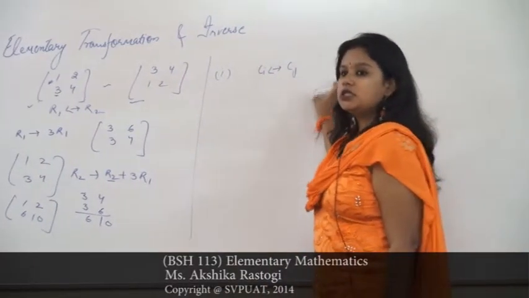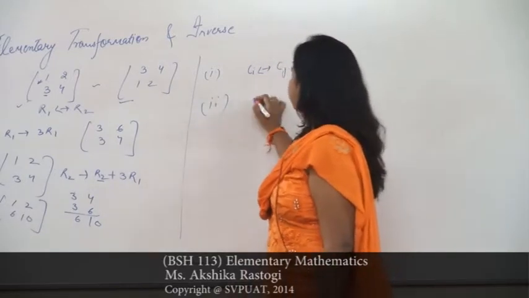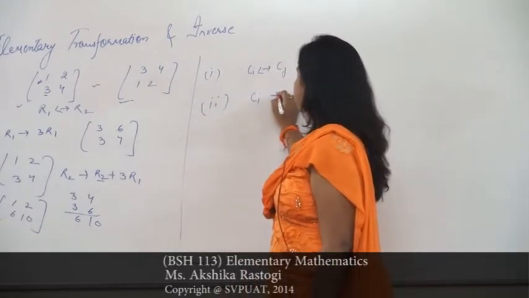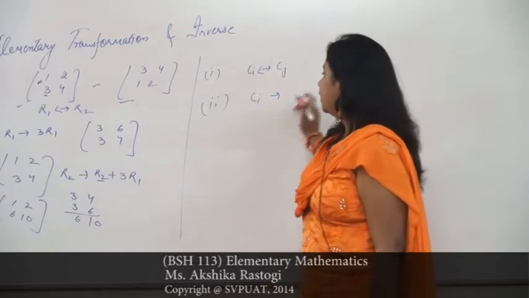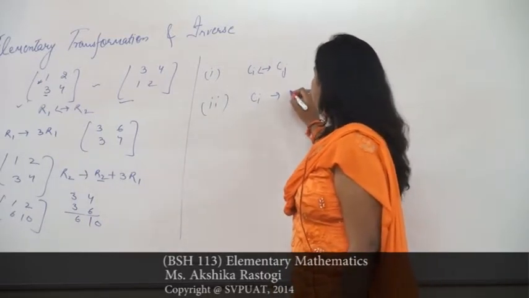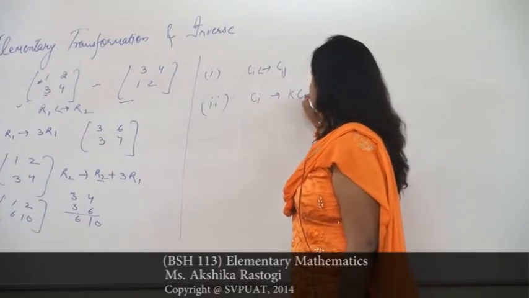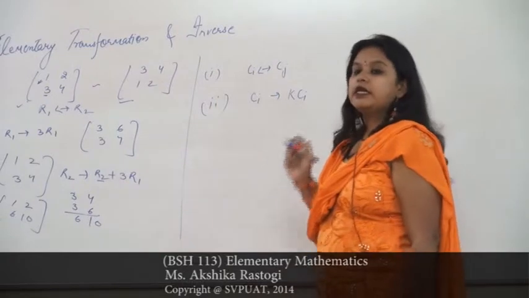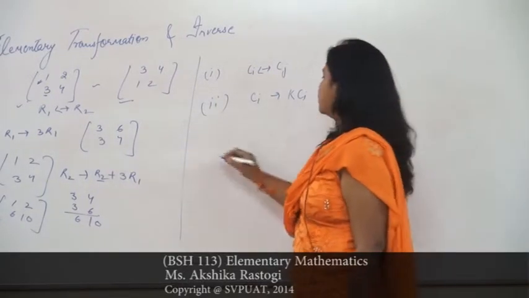The second transformation is that we can apply a transformation in column Ci, multiplying by any constant k. Any particular column can be multiplied by any constant.